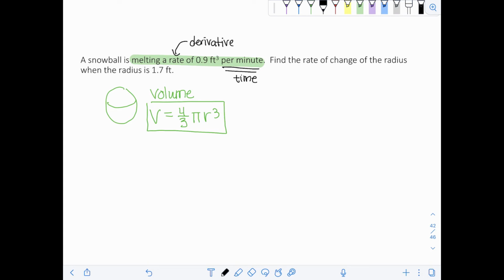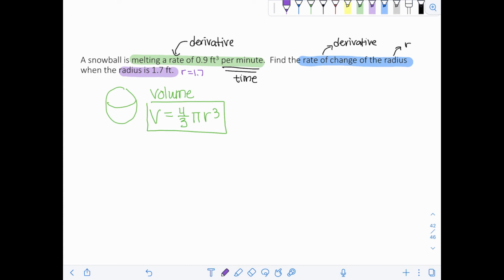So I'm going to come back to that one, but I want to read the rest of this too. So find the rate of change of the radius. So this rate of change means derivative of our radius when the radius is 1.7 feet. So that just means that we have this melting snowball, but if we freeze it right when the radius is 1.7 feet, that's what we're looking at.